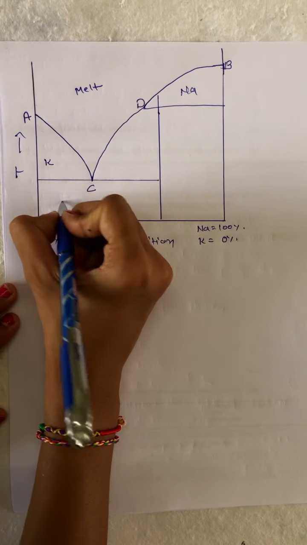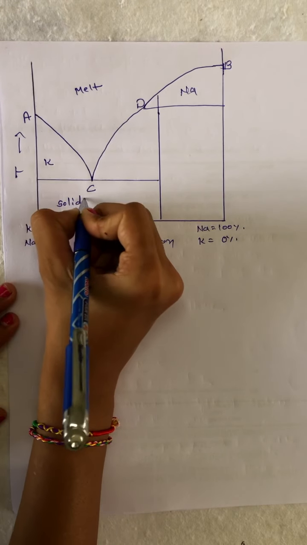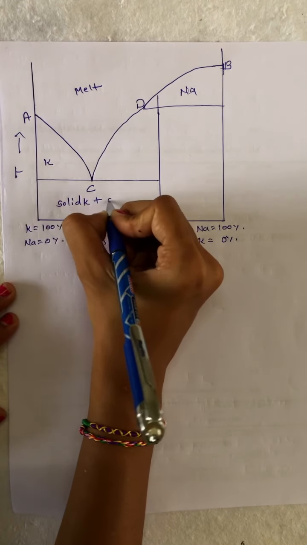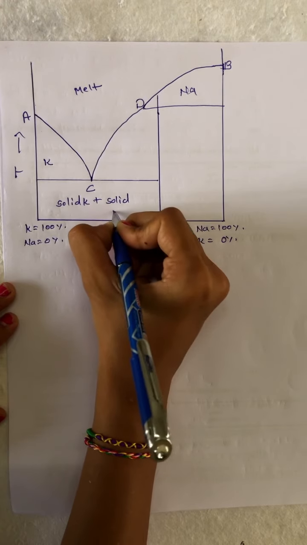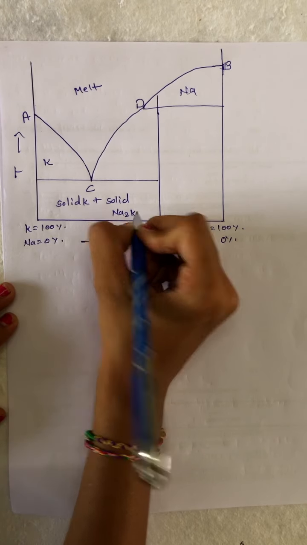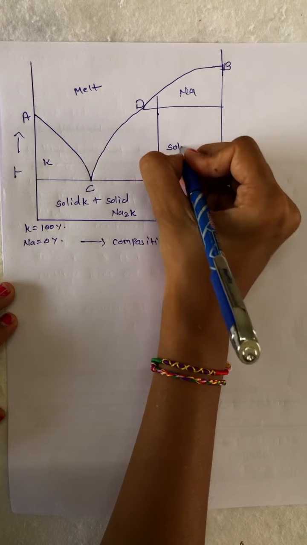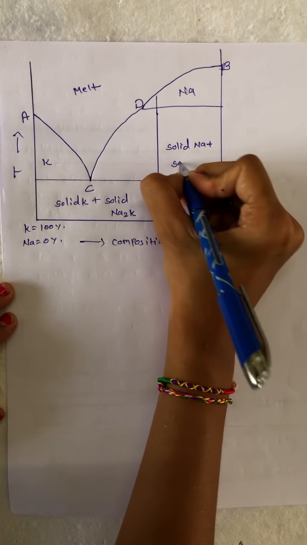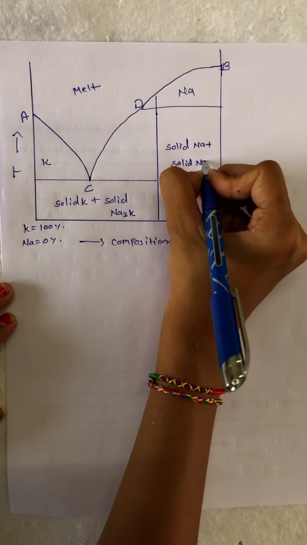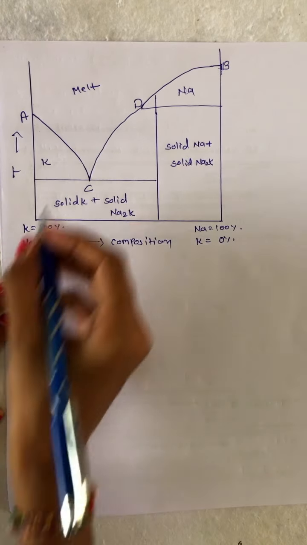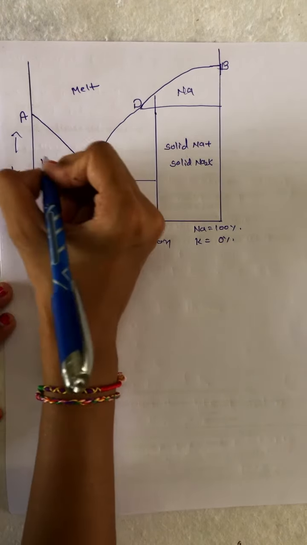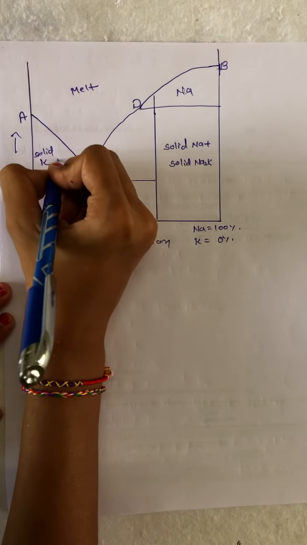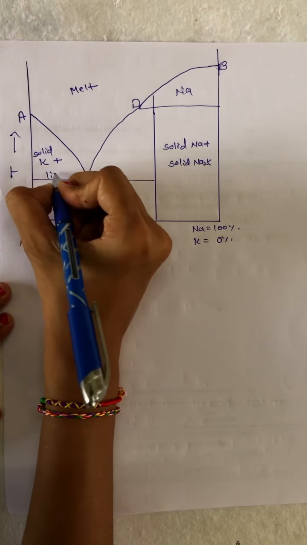Here also the solid K is present plus solid Na2K, and here also solid Na present plus solid Na2K. In here also solid K, this is a solid form, plus liquid melt.